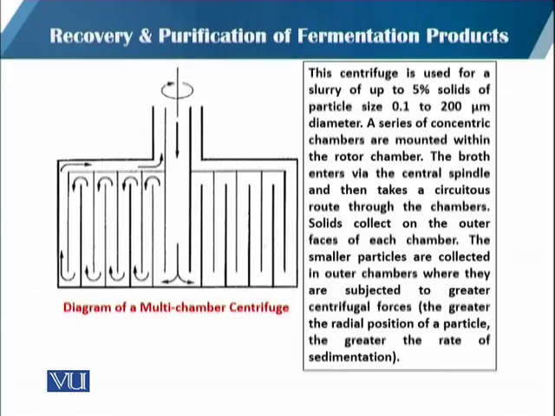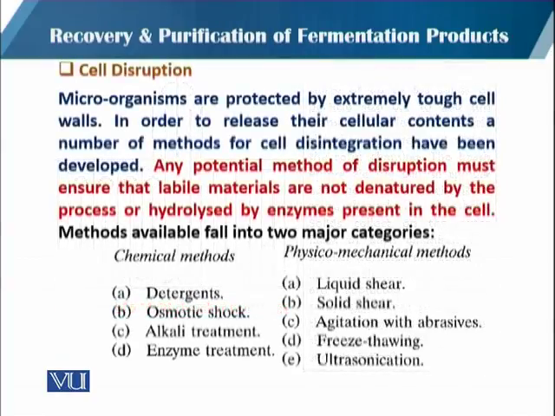These are different kinds of centrifugation techniques which we can apply to separate the biomass and insoluble particles depending upon their size and density. When we separate the soluble and insoluble fractions, if the product is intracellular, then we start the cell disruption.